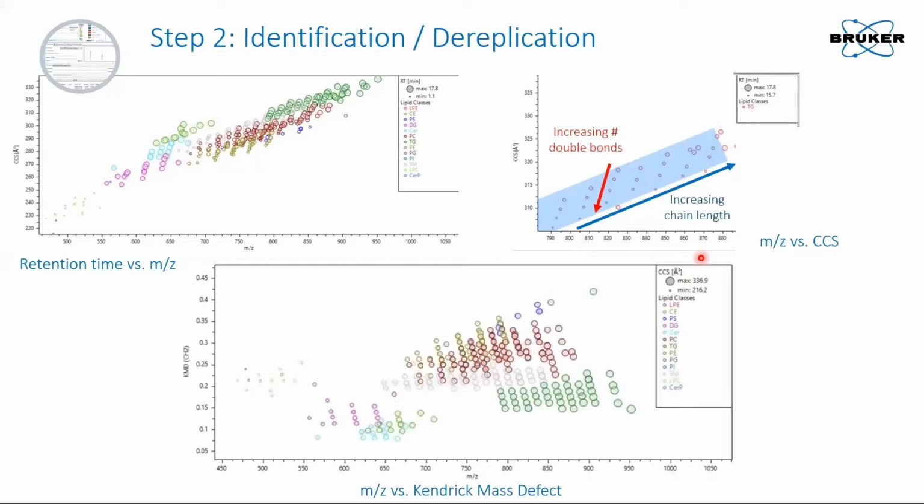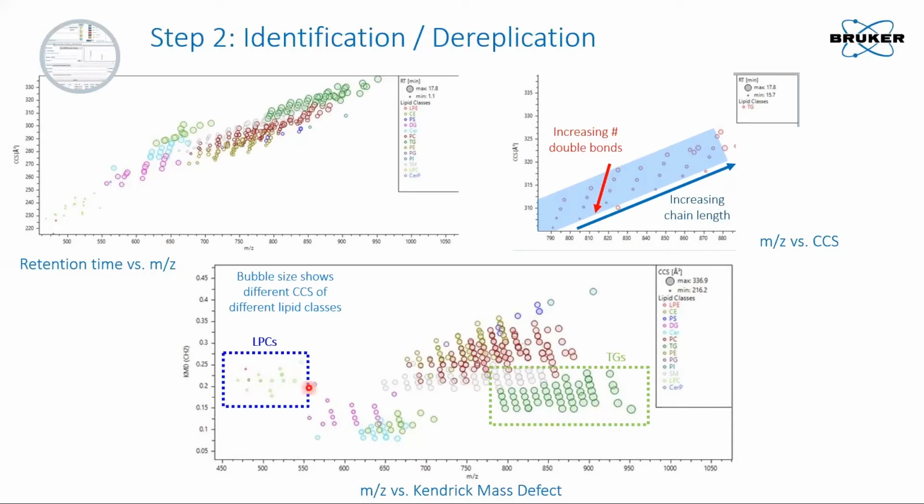And we've also expanded this to include Kendrick mass defect views. So if you plot the mass charge versus the Kendrick mass defect, then you see clustering of lipids according to their different lipid classes. So here, for example, you can see these TG lipids that we showed here based on their CCS. And you can see, again, this pattern of TGs depending on the chain length as well as on the number of double bonds.